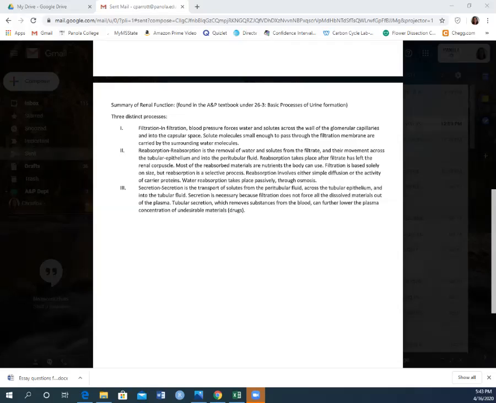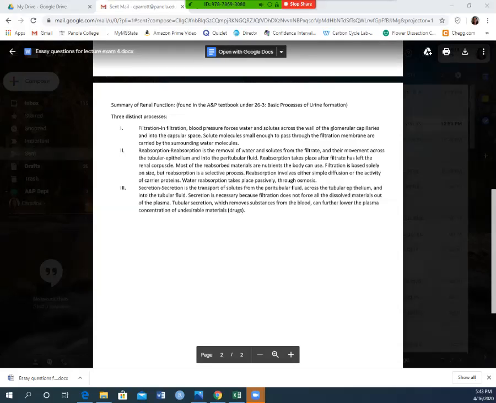So you're going to reabsorb anything that your body can reuse. You're going to reabsorb solutes by either simple diffusion or through carrier proteins, and you reabsorb the water through osmosis.